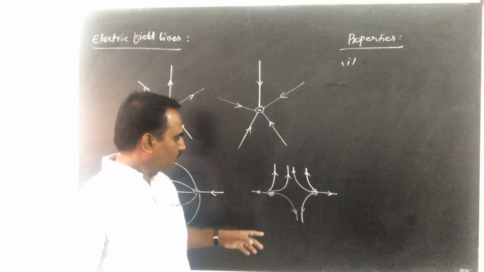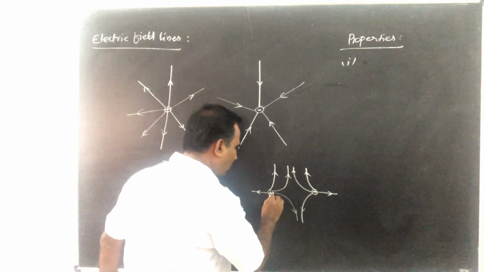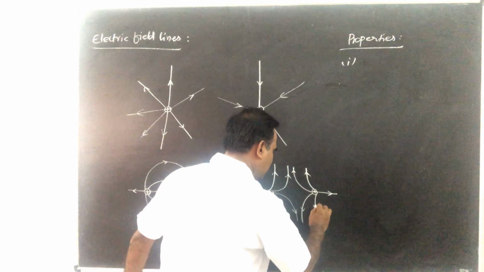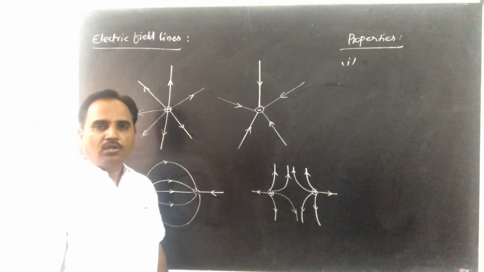Similarly, instead of positive charges, if I take two negative charges, you will get similar type of lines, but the difference is this arrow mark will be directed towards the charge for a system of two negative charges.